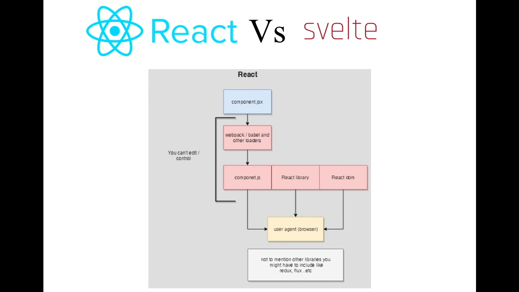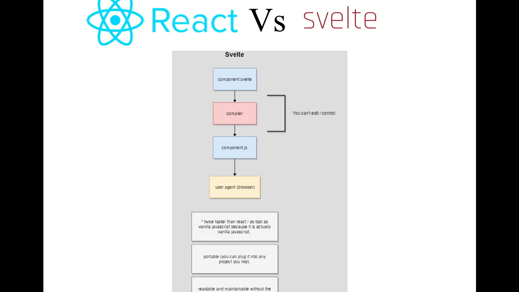Now let's see the differences between React and Svelte. In React, you cannot edit or control any component. Not to mention, you probably have to use other libraries like Redux or Flux, which makes your project files bigger.